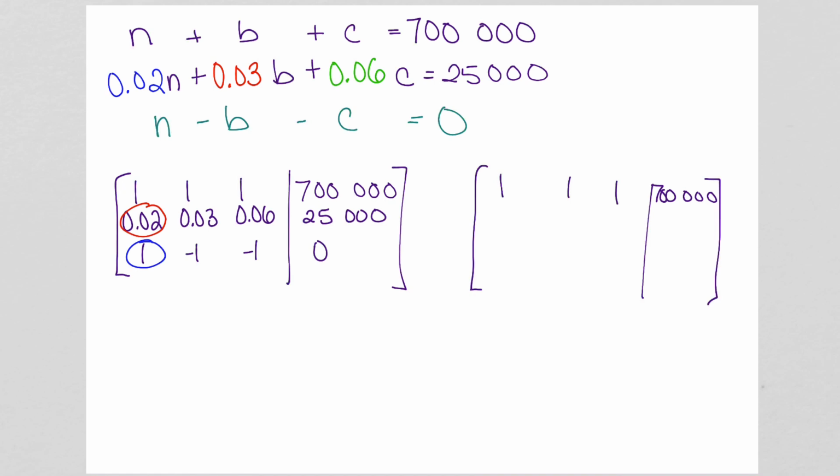And so the second row, how are we going to change that 0.02 into a 0? Well, we subtract 0.02. So for row 2, we're going to do negative 0.02 times row 1 and add it to row 2.